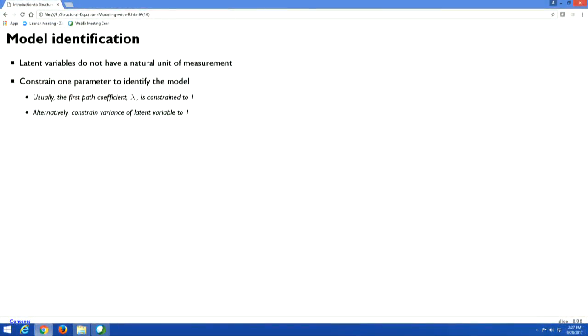So something that's a bit unique when you have a measurement model, or any model that includes a latent variable that you want to analyze in the SEM framework, is that there is no natural unit of measurement. So if you're measuring depression, you might have 30 questions, like the Beck depression inventory, that are Likert style questions that might go from strongly disagree to strongly agree, or whatever labels they have for each of the data points.